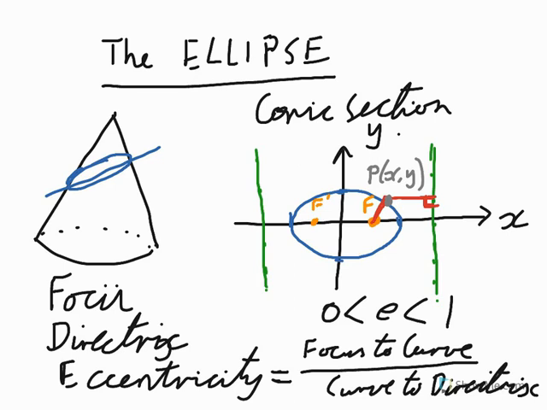It could be anything in between 0 and 1, but for a particular ellipse, it's the same value. So if an ellipse has an eccentricity of a third, then it's the same for every point on that particular ellipse. Alright, so these are funky things that mathematicians like to dream up.